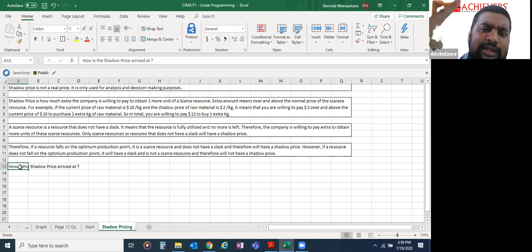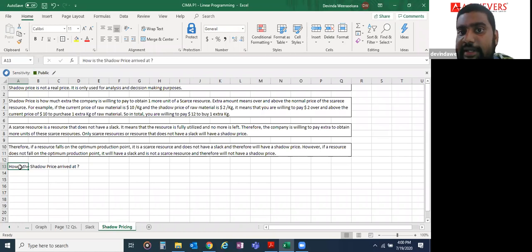By having that one extra unit of the resource, how much additional contribution can you earn? The maximum amount you are willing to pay is that additional contribution that one extra unit of the resource will give you.